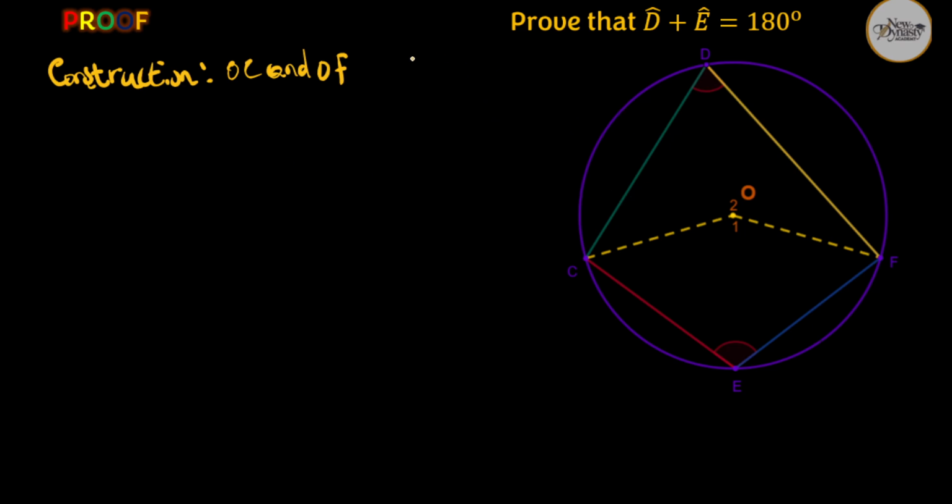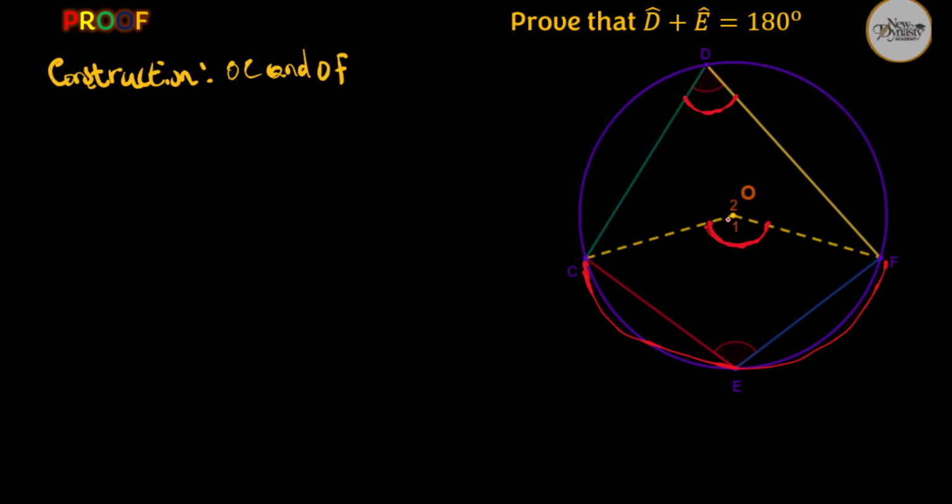Now, remember what I said about the identification of the angles at center. Let us go on and do that. Let's look at this. This angle O1 here, the arc is facing upwards. It is at the center. And this angle here, the arc is also facing upwards, and they are subtended by this arc CF. Can you see the relationship now? Angle D is subtended by CF at the circumference, angle O1 is subtended by CF at the center.